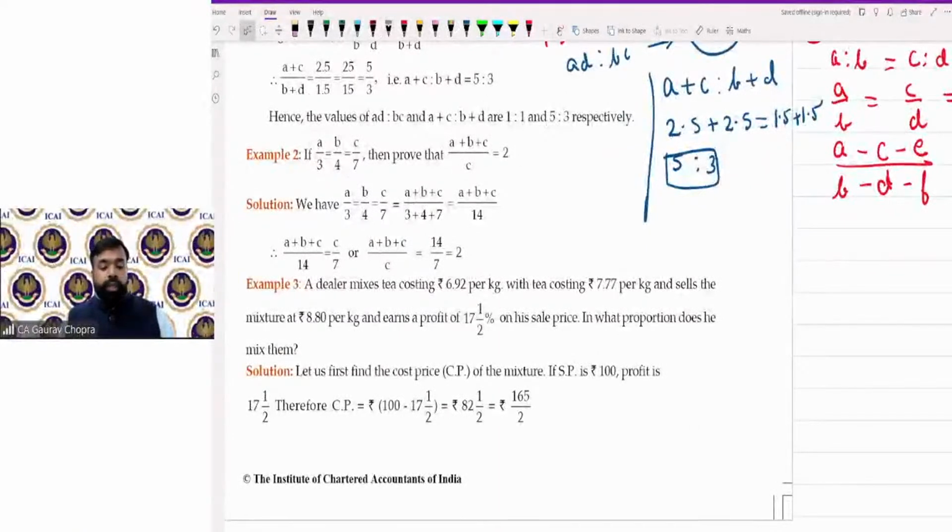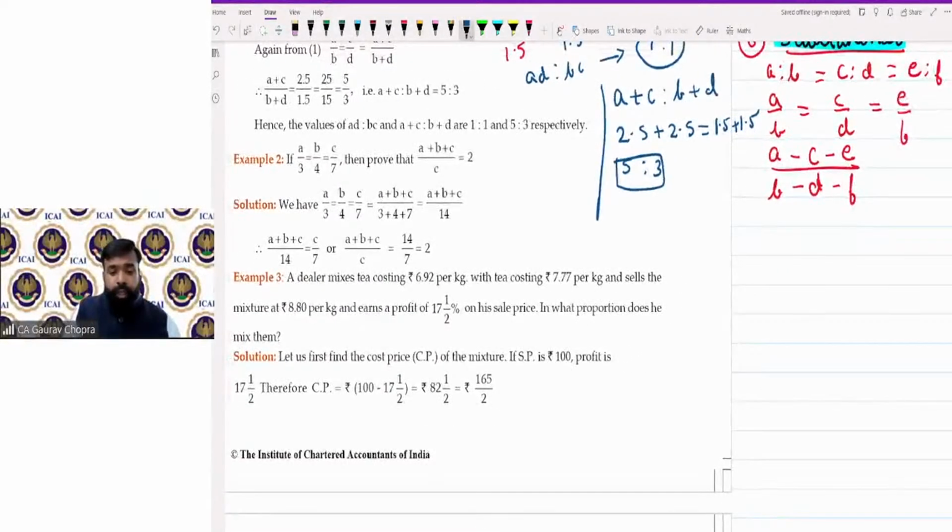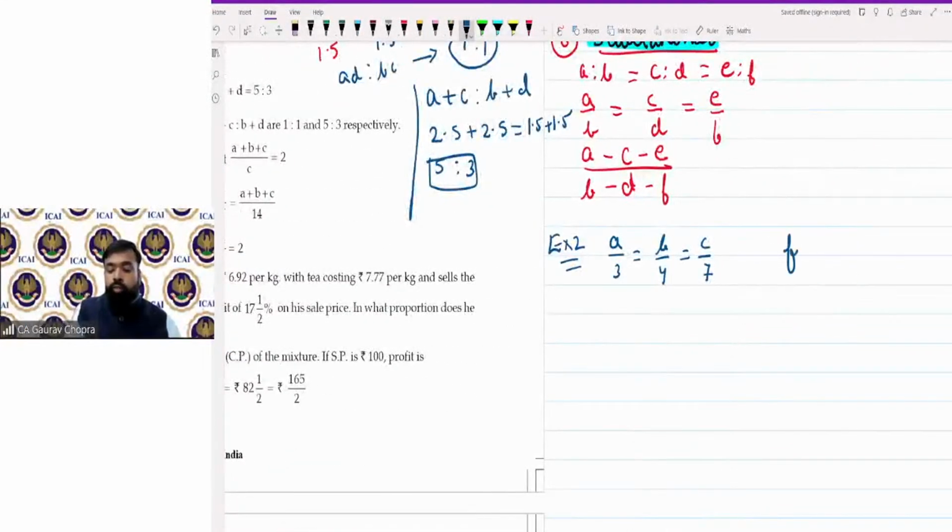Now the next one, example number 2. Let us understand how we have to apply the property. Example number 2 says A by 3 is equal to B by 4 is equal to C by 7, and you have to find the value of A plus B plus C upon C. Now, what is the requirement?